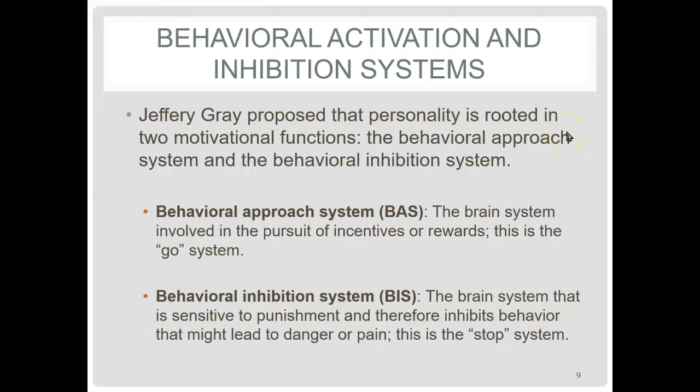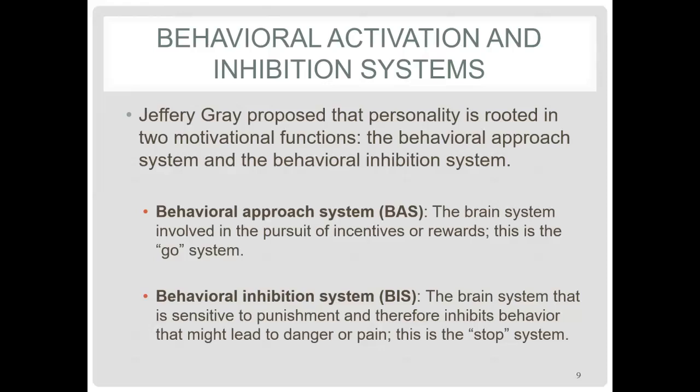So Jeffrey Gray proposed that personality is rooted in two motivational functions: the behavioral approach system and the behavioral inhibition system. The behavioral approach system is the GO system. This is the brain system involved in the pursuit of incentives and rewards.